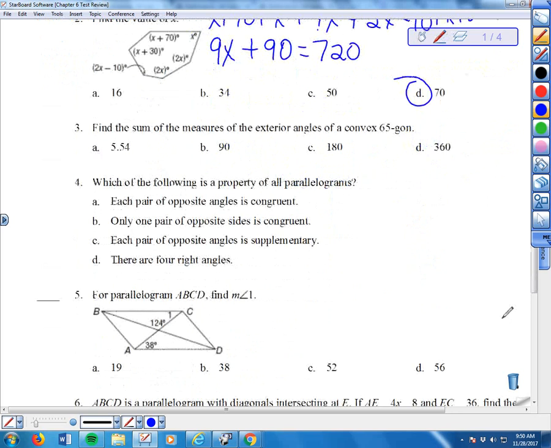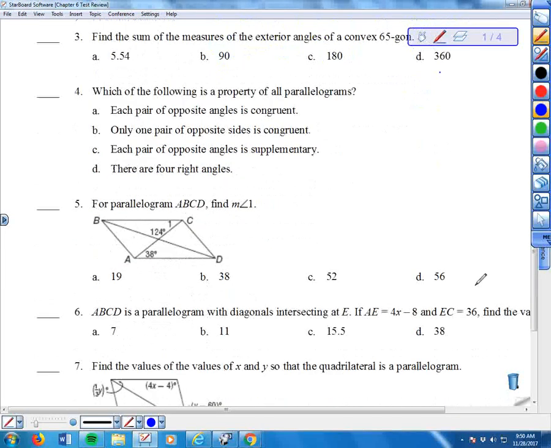Find the sum of the measures of the exterior angles of a convex 65-gon. Sum of the exterior angles of any polygon is always 360. No special formula needed. Which of the following is a property of all parallelograms? Opposite sides are congruent. No. In a parallelogram, both pairs of opposite sides are congruent.